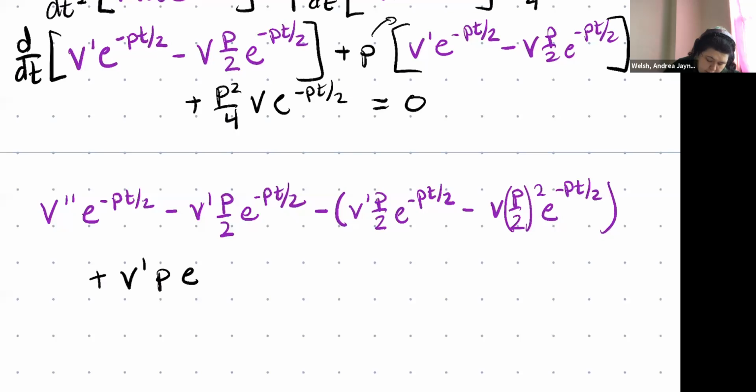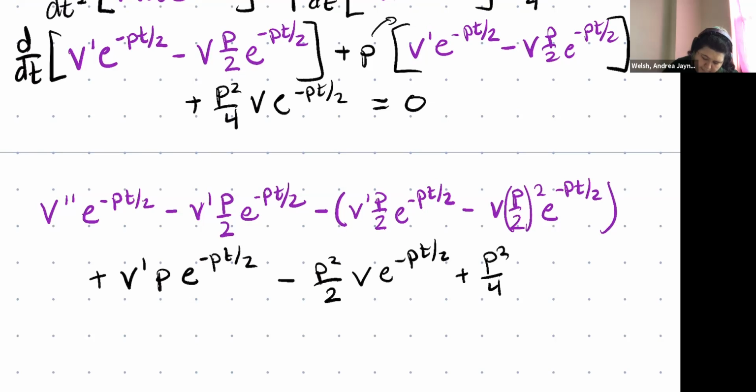Okay, so if I distribute that, I get this minus pt over 2, and then minus p squared over 2 times my v, e to the minus pt over 2, and then plus p squared over 4, v e to the minus pt over 2 equals 0.